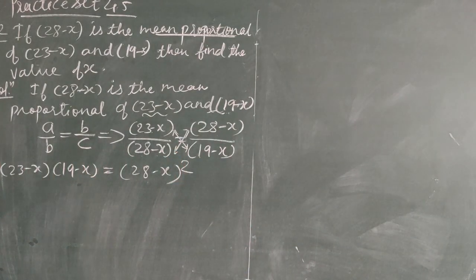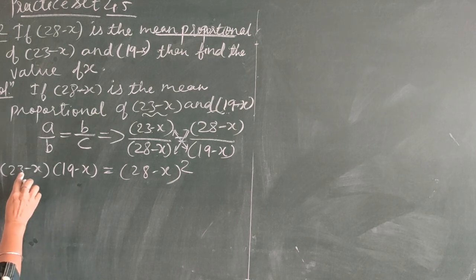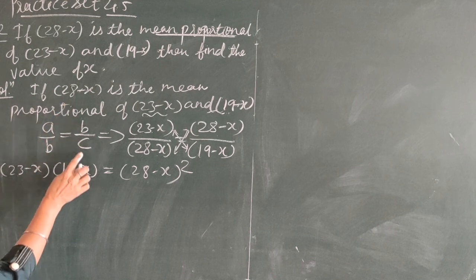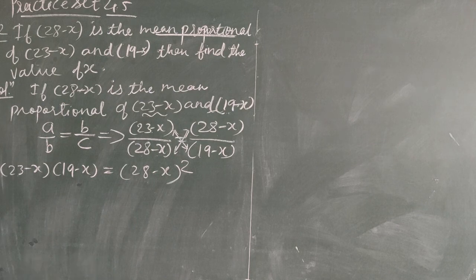Now let's multiply 23 into, now you know how to simplify this. Here 23 into 19 minus x.